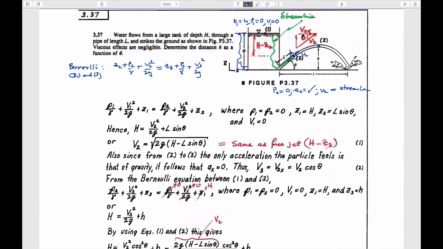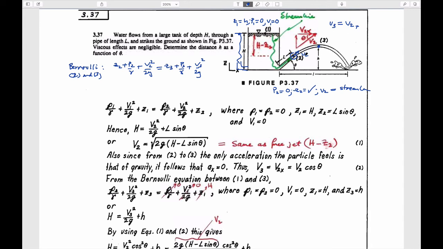So you know that a fluid moving horizontally, coming out of here, it subscribes to Newton's, I don't know if it's first law or his third law, that a body in motion, if it's not acted on by another force, keeps on moving at the same velocity. And so you know that the velocity at point 3 has to be equal to the velocity at point 2 in the x direction.